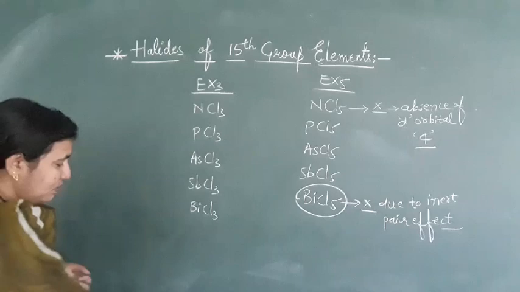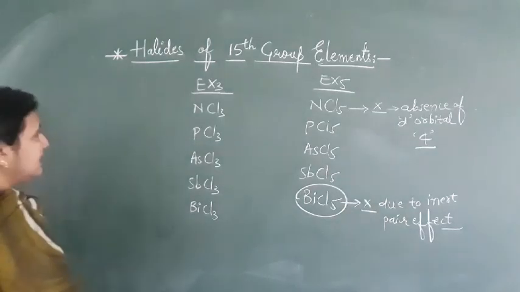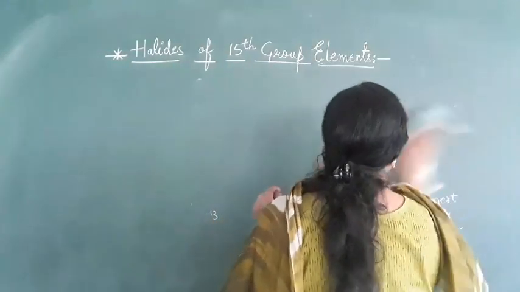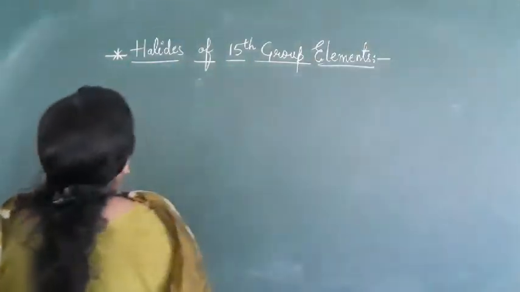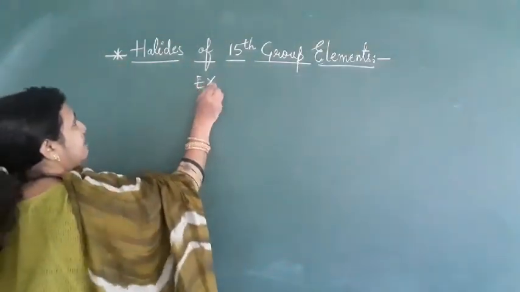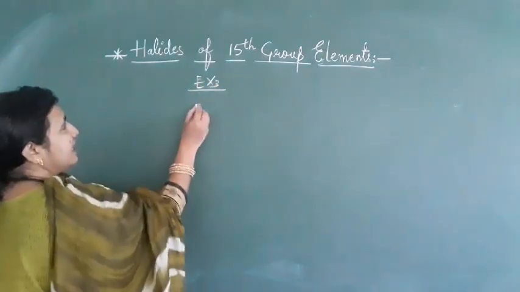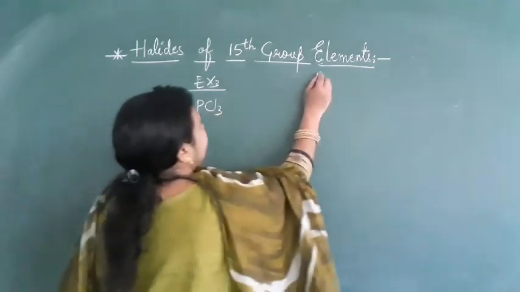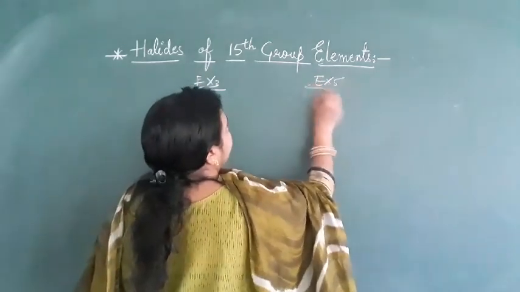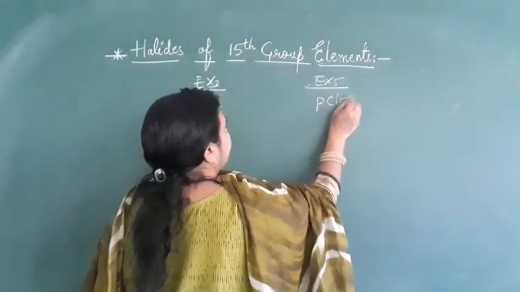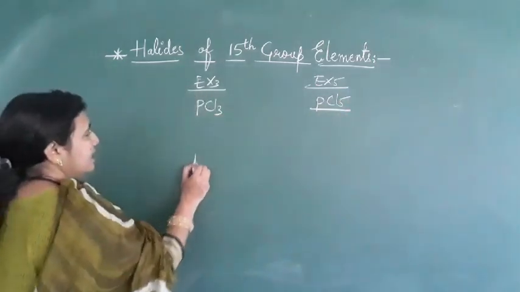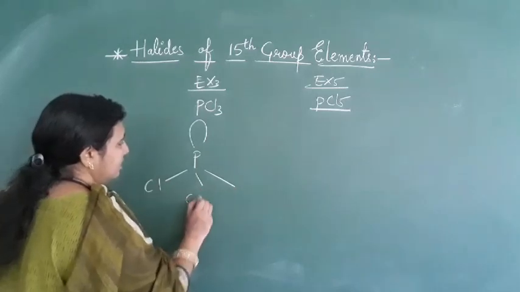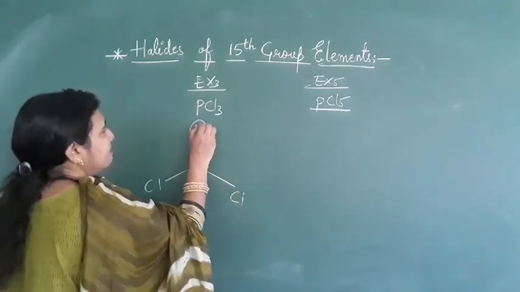Now for the trihalides and pentahalides, we will first see the structure. Trihalides are EX3 type; taking the example of PCl3, and for EX5 we take PCl5. What is the structure? For the trihalide, the structure is like this: chlorine, chlorine, and here we have a lone pair.